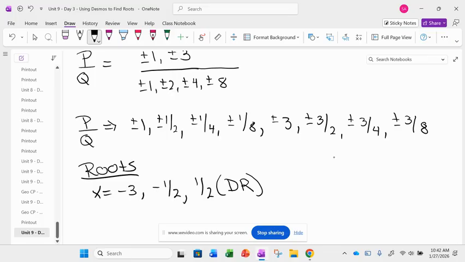And what this would look like if we were to factor it is (2x plus 1) squared equals 0, meaning this 2x plus 1 counts as two factors. That's what this means: 2x plus 1 twice. That's what the double root means.